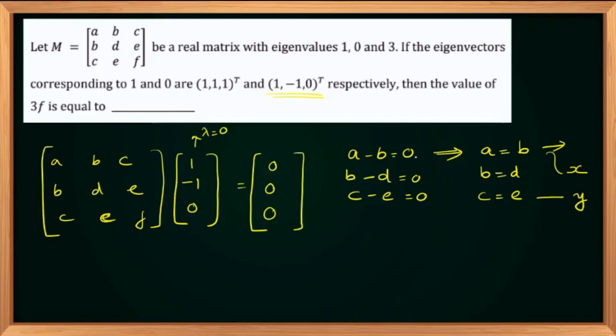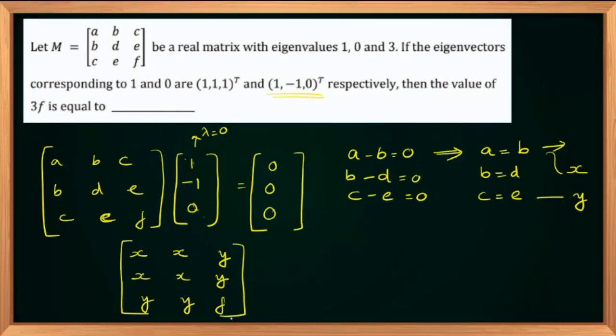How I got A minus B equal to 0, B minus D equal to 0, C minus E equal to 0: because A into 1 minus B into 1 plus C into 0 equal to 0, B into 1 minus D into 1 plus E into 0 equal to 0, and C minus E plus F into 0 equal to 0. This relation allows me to change the matrix to [X, X, Y; X, X, Y; Y, Y, F].